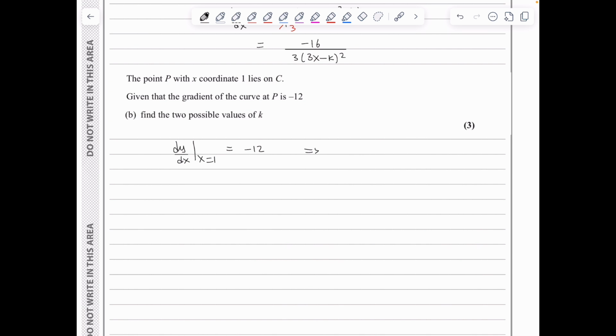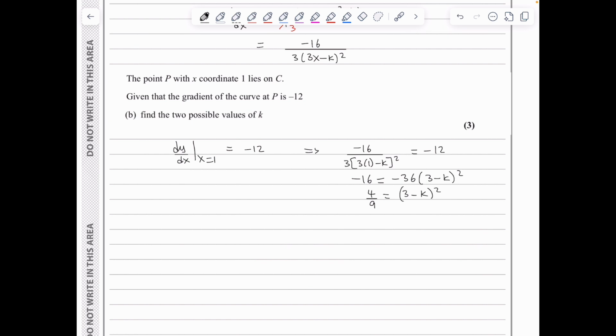So we've got minus 16 over 3 times (1 minus k) squared is equal to minus 12. So this means that minus 16 is minus 36 times (3 minus k) squared. I've cross multiplied here. If I divide both sides by minus 36, I get 4 over 9 on the left hand side, which is equal to (3 minus k) all squared.